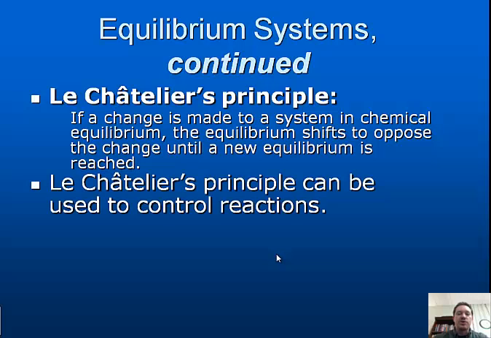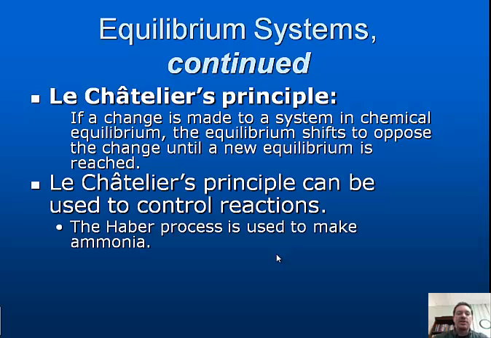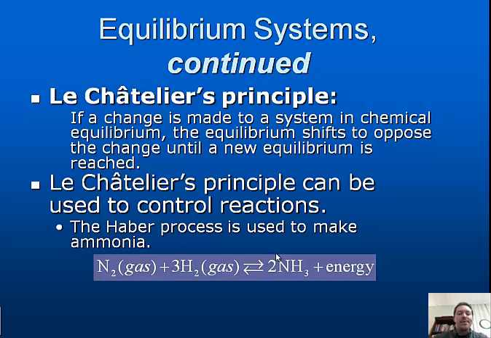It can be used to control reactions, such as the Haber process. It's used to make ammonia. So we've got here nitrogen gas plus hydrogen gas under special conditions using Le Chatelier's principle to produce ammonia plus energy.